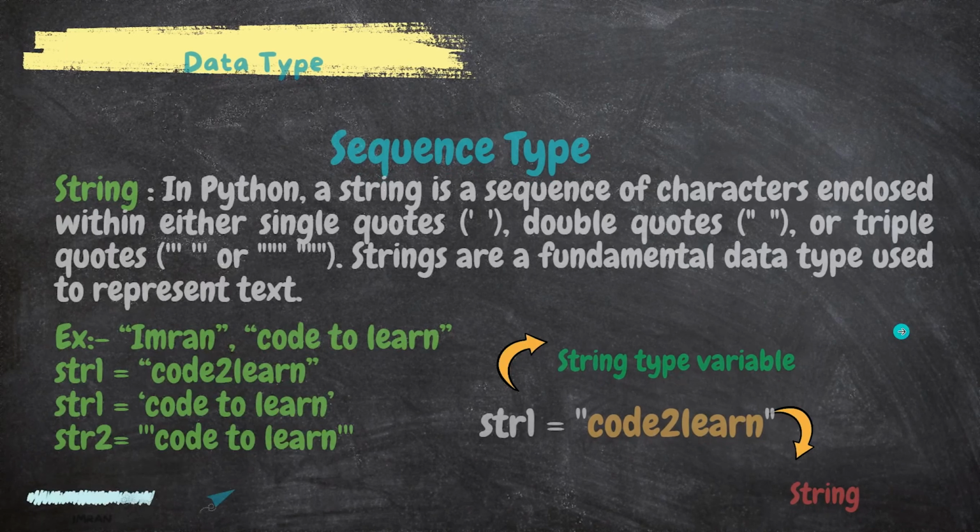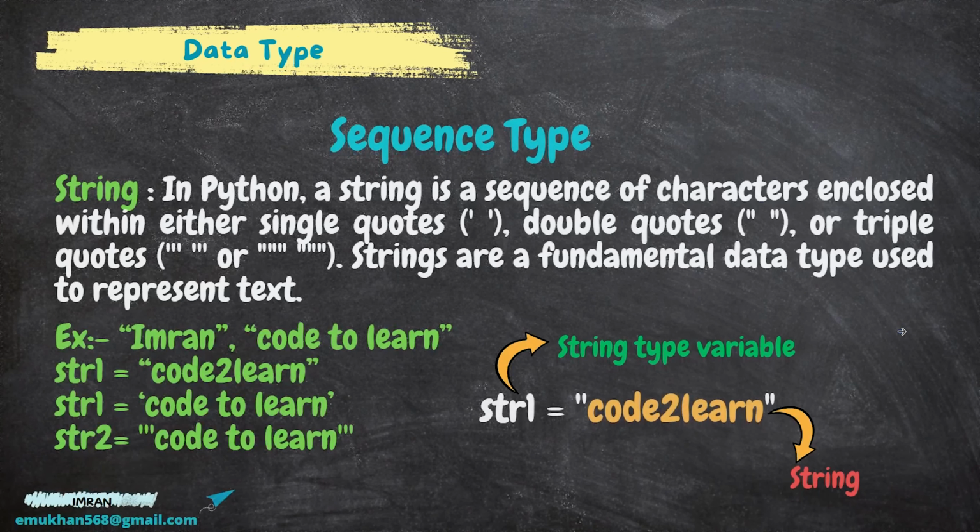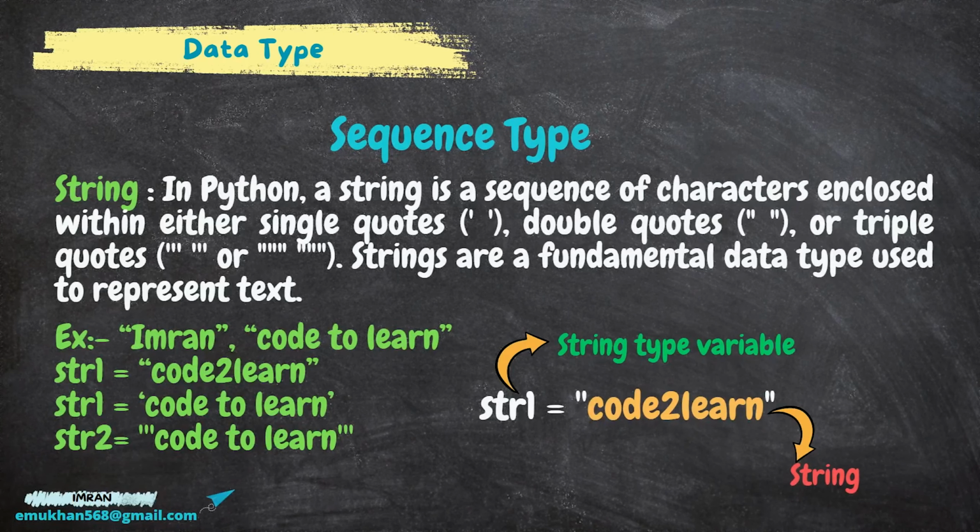Sequence type. The first one is string. In Python, a string is a sequence of characters enclosed within single quotes, double quotes, or triple quotes. Strings are a fundamental data type used to represent text. I have taken a variable str1 with the value "code to learn" under double quotes.